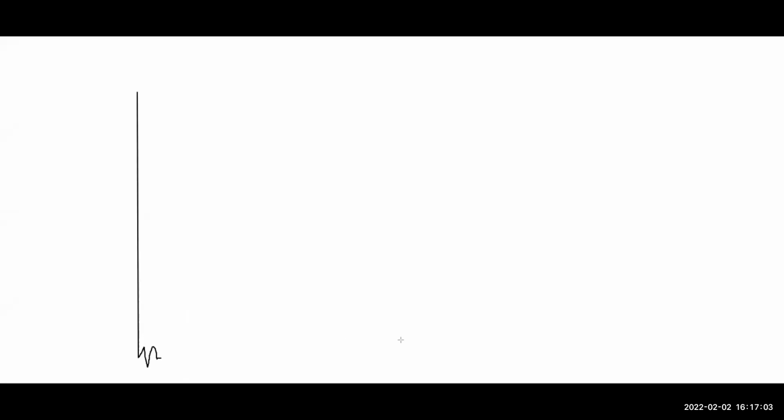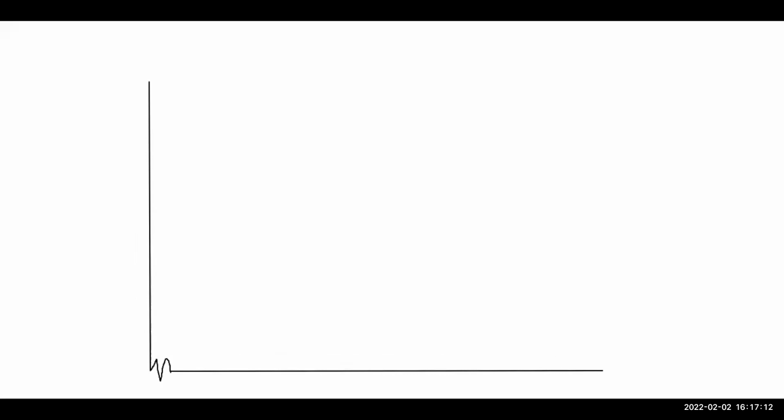All right, I love that you break the x-axis. Very good. We're not starting from 0.